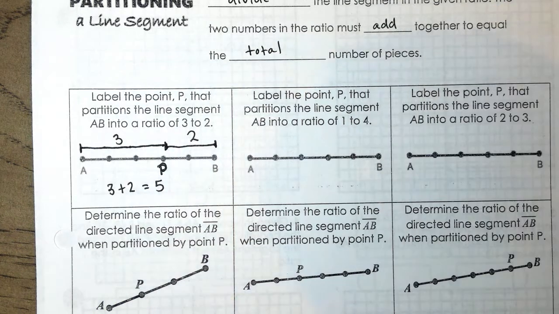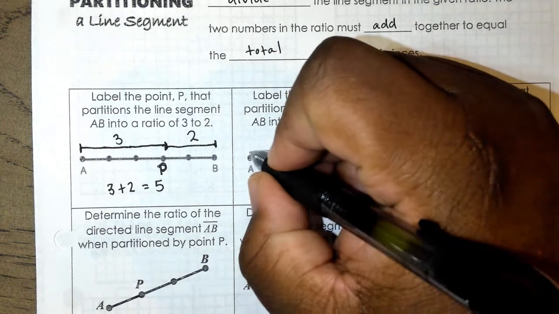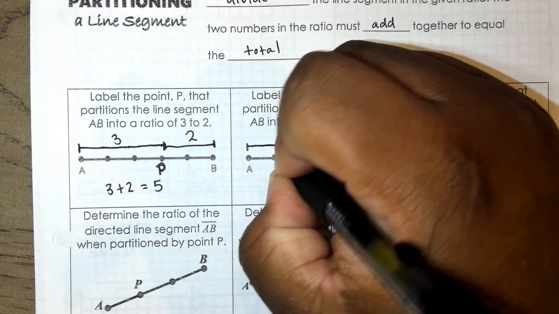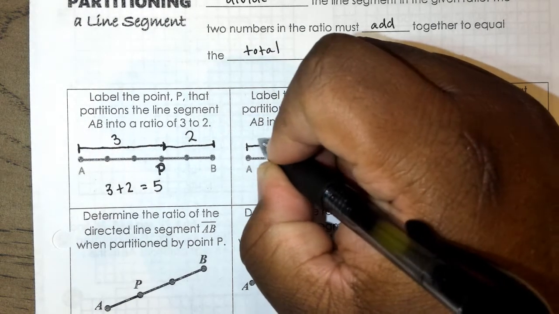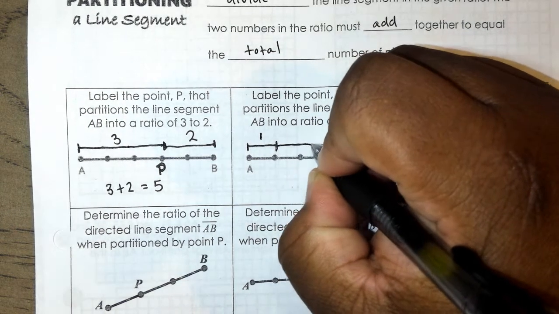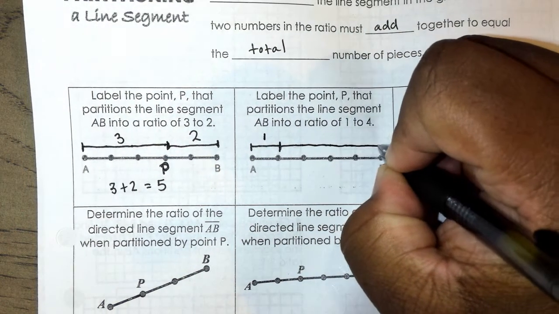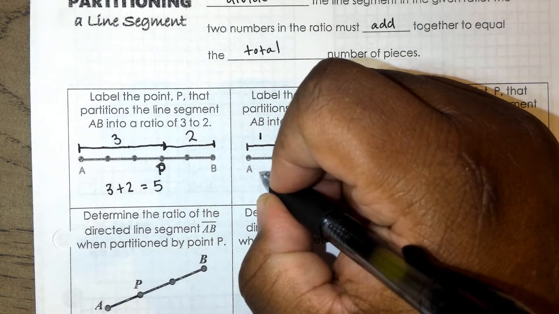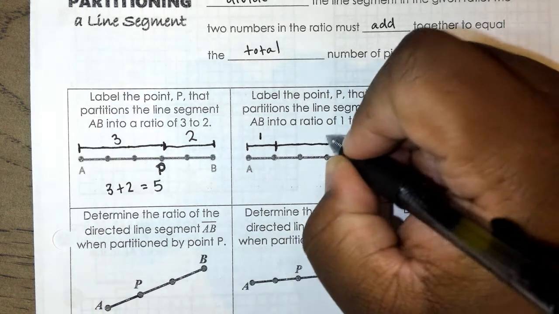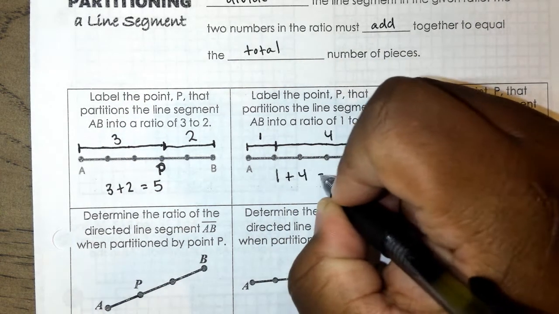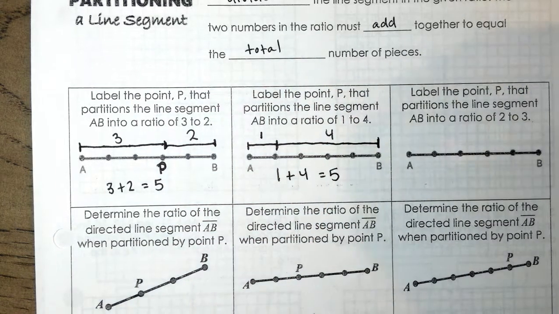The second one, they asked us to split it 1 to 4 from A to B. So from A to B, I'm 1 over. That's my first split. The other split is going to be 1, 2, 3, 4. This is 1 to 4, and this is a 1 plus 4 split, which is 5 segments again.